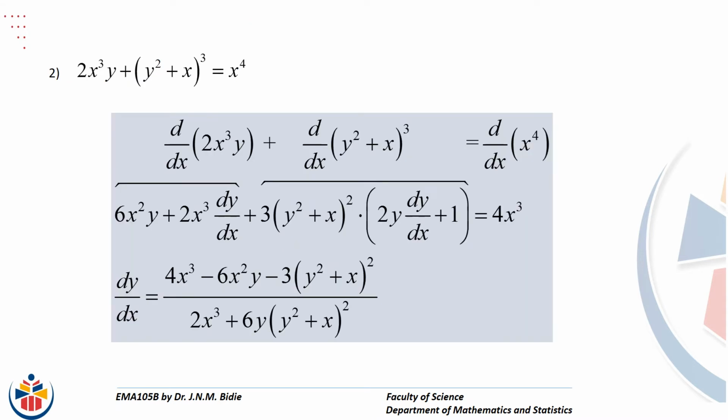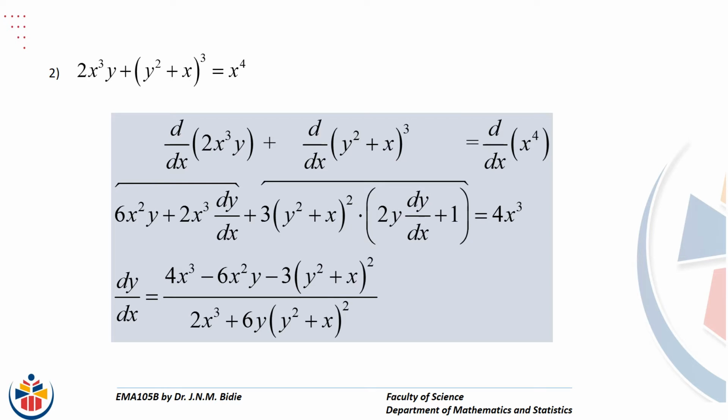Example 2, we're given 2x cubed y plus the second term, y squared plus x all to the power 3, equal to x to the power 4. The first step requires that we differentiate each term, and it's given there in the first step.